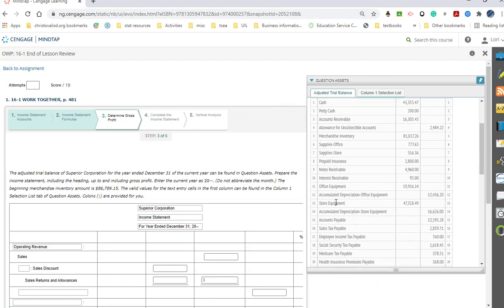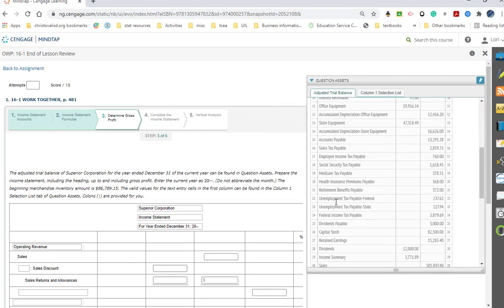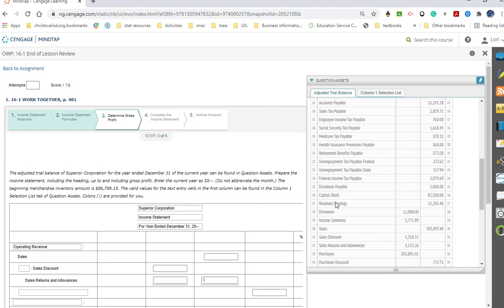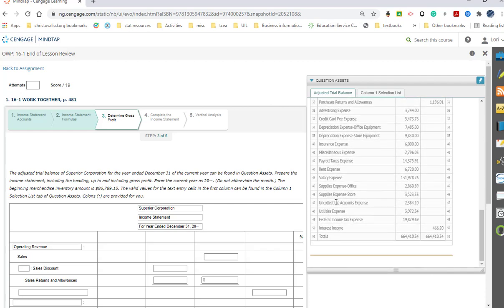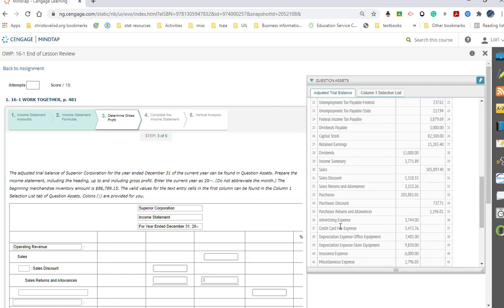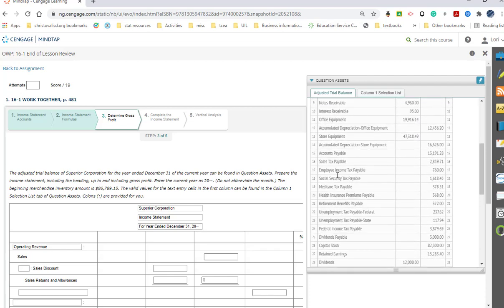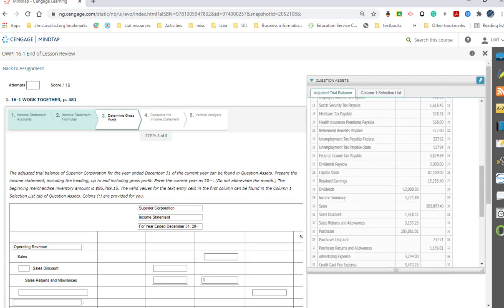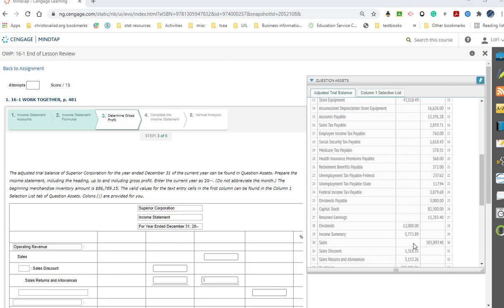I come over here and I look for operating revenue. Gosh, I'm sorry, I was looking for sales. I'm looking right at it. And it is 505,897.40.